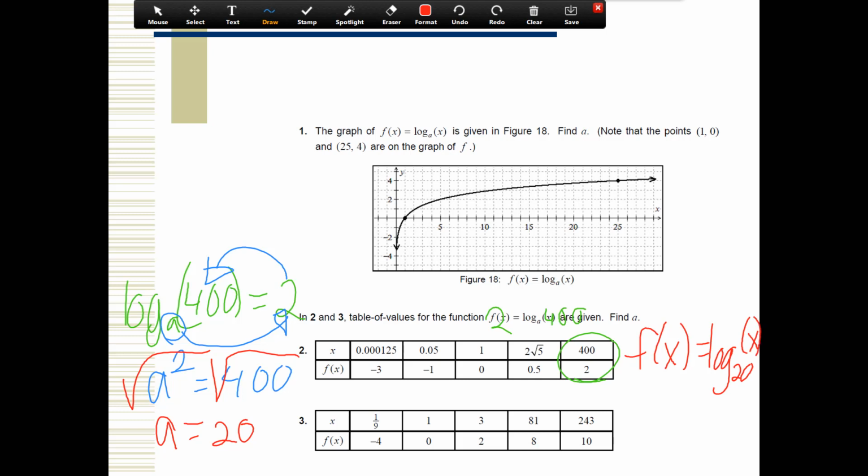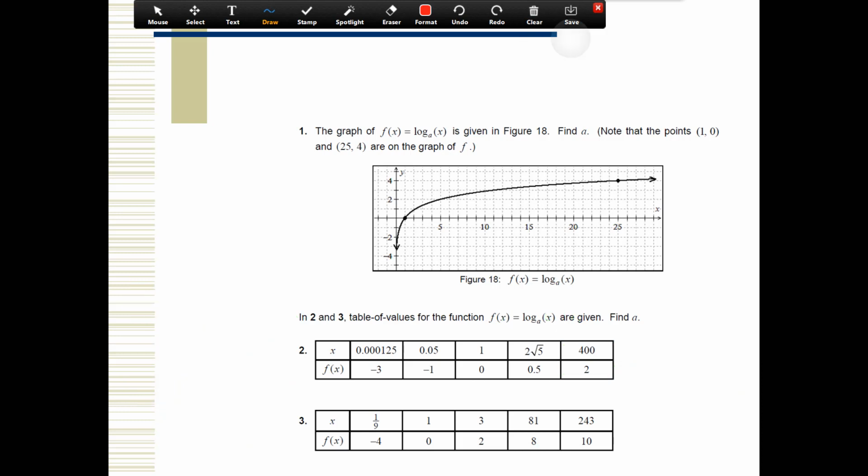Now how about this last one here? The last one, I have several points that are pretty easy. All of the ones to the right of the point 1, 0 would be nice. I'm going to stick with this 3, 2, because those are the smallest numbers. So I'm going to replace the x with 3 and the f of x with 2. So I'm going to get log base A of 3 equals 2.